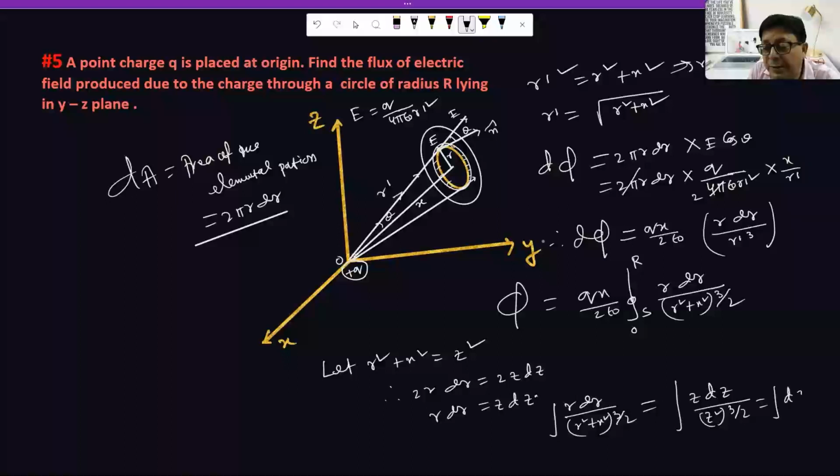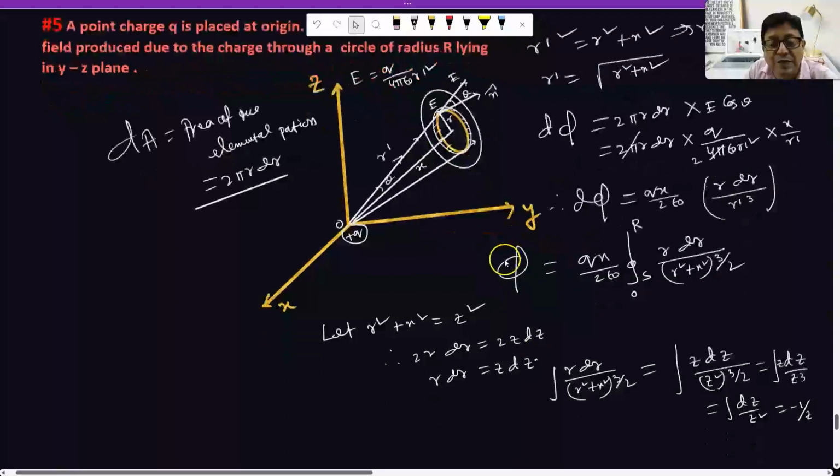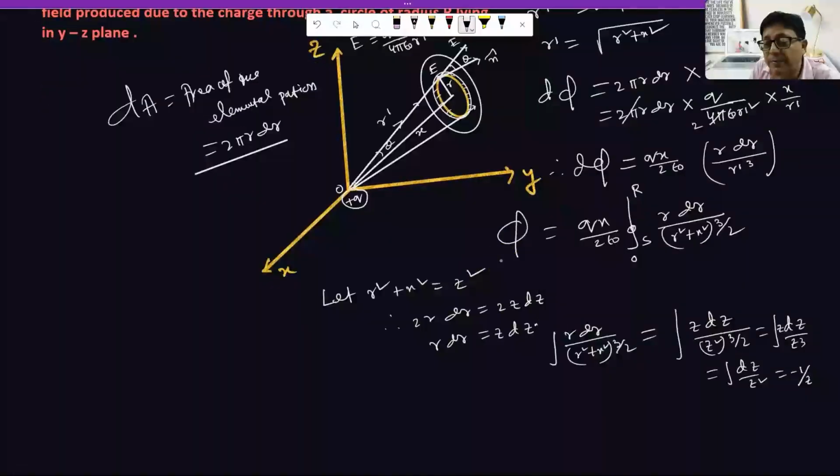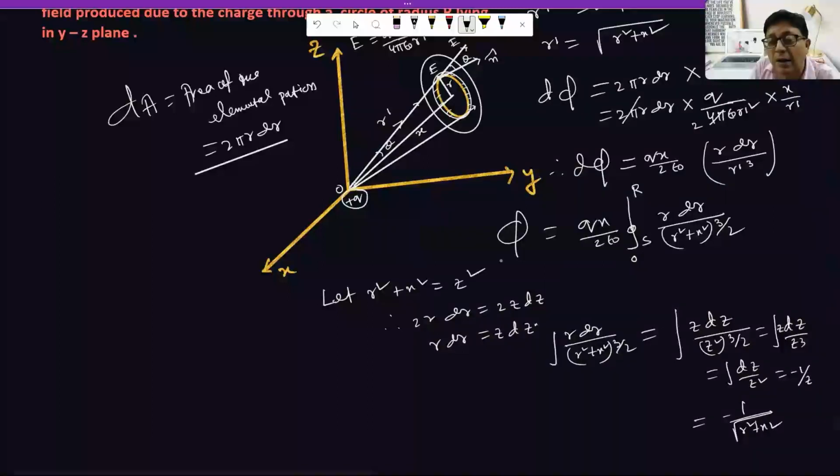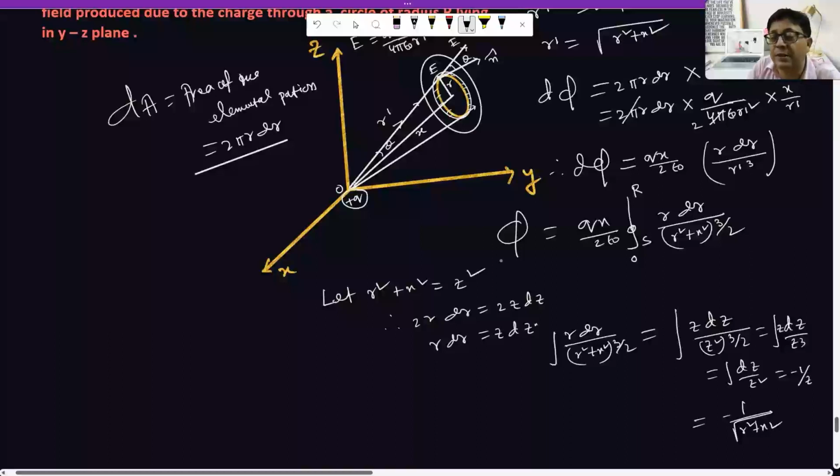So it is z dz by z cube, so dz by z square, its integration is minus 1 by z. What is z? Root over r square plus x square. So minus 1 by under root r square plus x square.